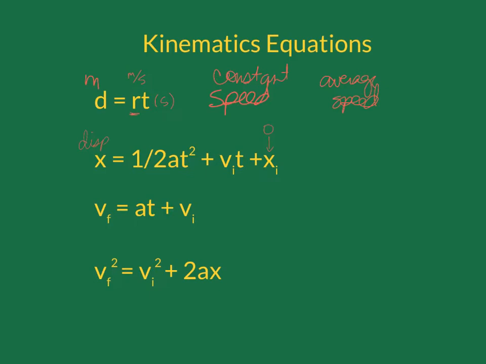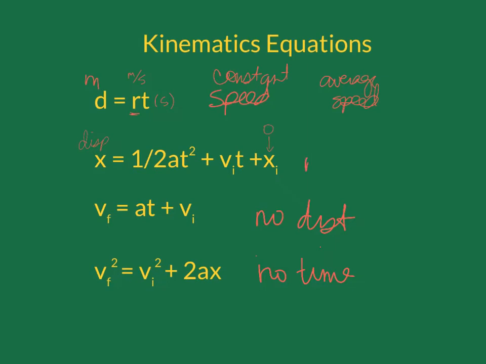And then the last one is a handy one. This is a handy equation. This one's handy when you have no time. So if nobody tells you anything about a time, this is a handy equation. This one is when you have no distance. So it's often easier to choose your equation based on what you don't have.